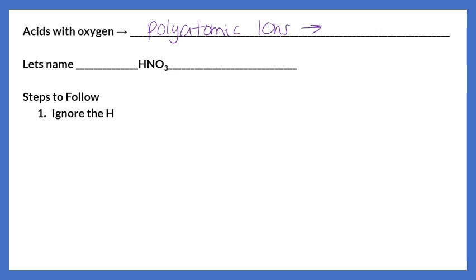So some of them already may have official names. So keep a lookout for that, okay? So let's look at HNO3. Just from looking at this, I can tell you that NO3 is a polyatomic ion, okay? So the first step is to ignore the H. It stays silent.